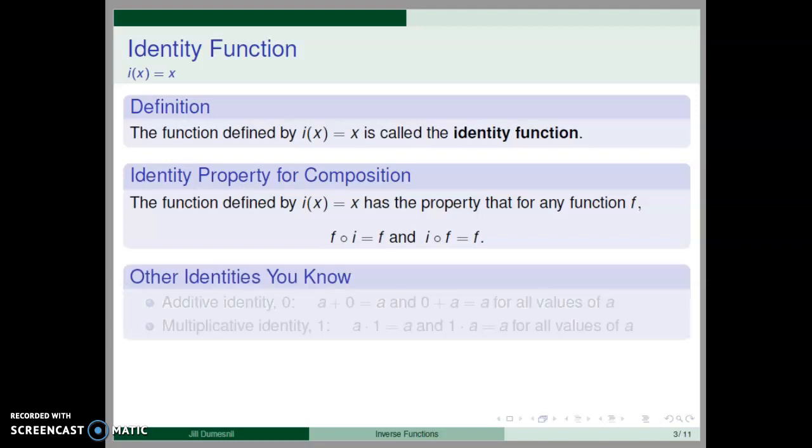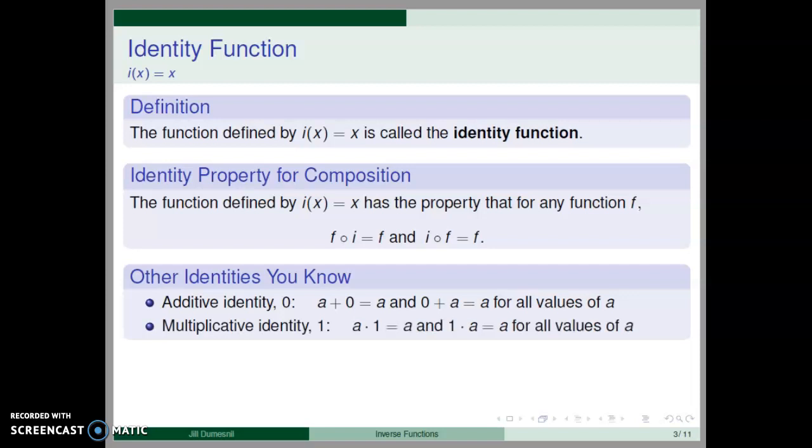Let's relate this concept to other identities that you've seen before. The additive identity is 0. The additive identity property states that a plus 0 equals a, and 0 plus a equals a for all values of a. That is, the additive identity is what you add to a to produce a. Similarly, the multiplicative identity is 1.